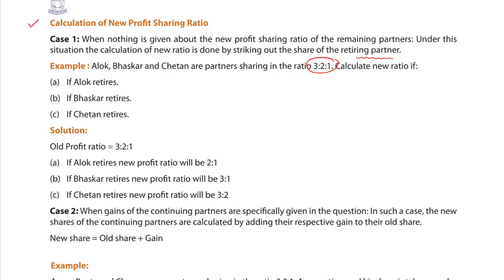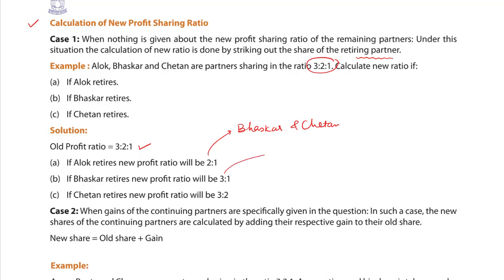Calculate the new ratio if A, if Alok retires, B, if Bhaskar retires, and C, if Chetan retires. The old profit ratio is given as 3 is to 2 is to 1. If Alok retires, the new profit sharing ratio will be 2 is to 1 between Bhaskar and Chetan.